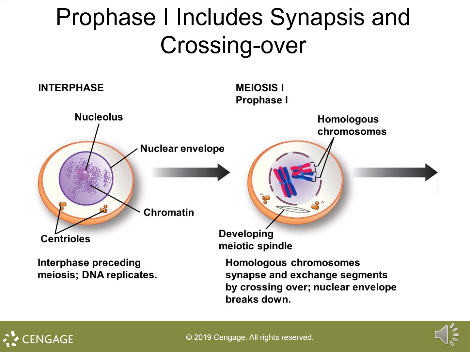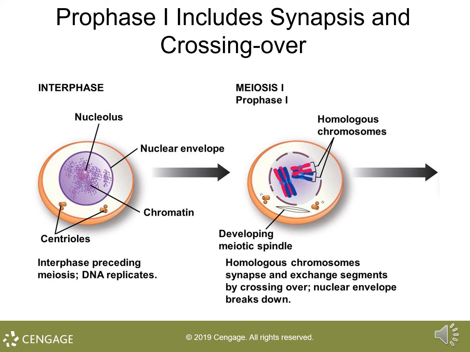They'll have all the same information about the same genes, but there might be different alleles, different specific pieces of information there. And so these homologous chromosomes are going to align side by side, which results in association of 4 chromatids, and we call that a tetrad.